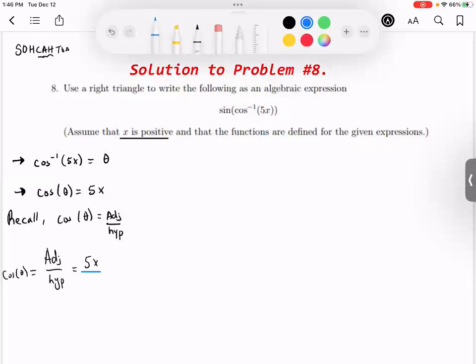If that ratio is equal to 5x, then 5x divided by what number gives me back 5x? Yeah, 1. So the adjacent is going to be 5x and the hypotenuse is going to be 1.